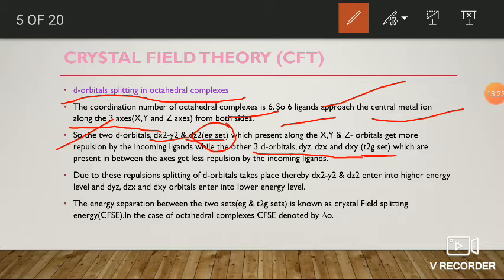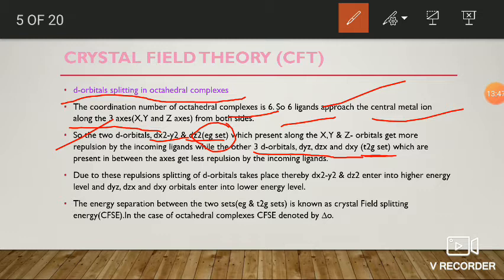Here the 3d orbitals are located in between the axes. So there is somewhat less repulsion when compared to the EG set orbitals. So they get somewhat less energy and enter into a lower energy level when compared to the EG set d orbitals.